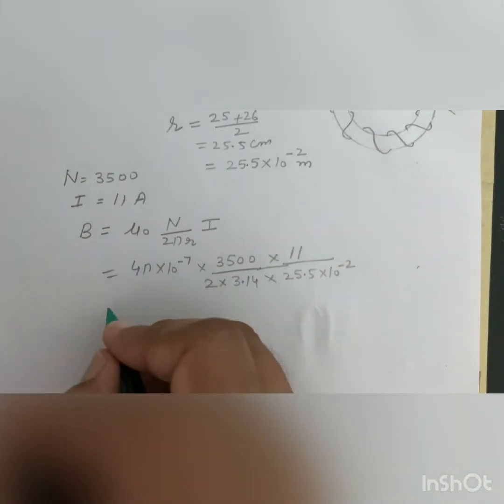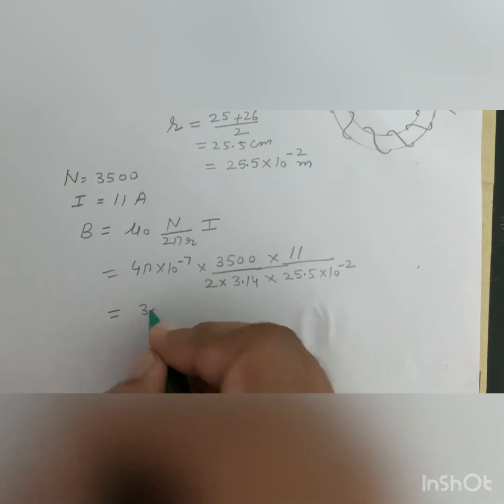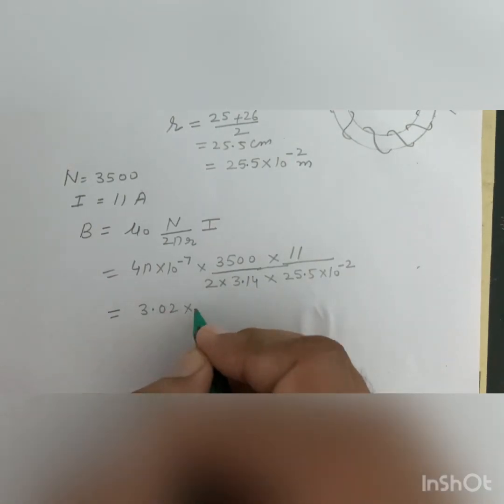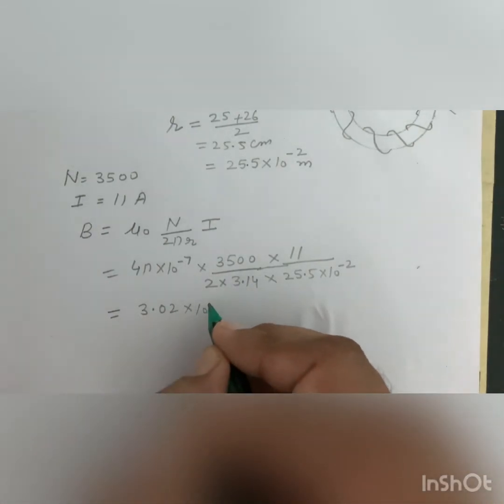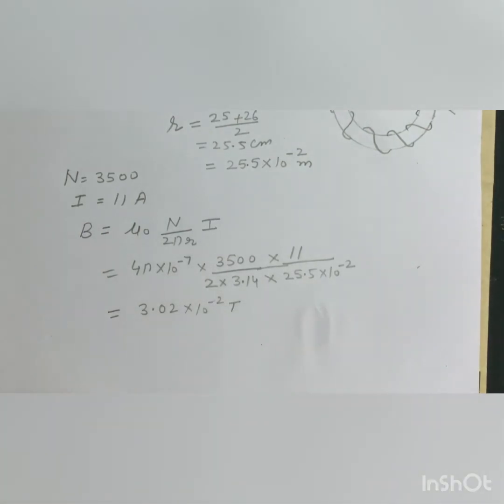On solving we get 3.02 into 10 raised to power minus 2 Tesla.